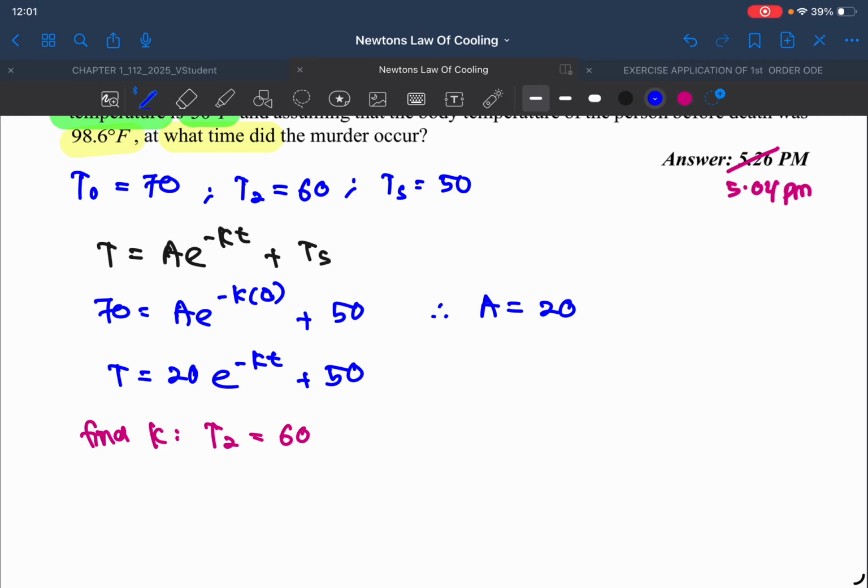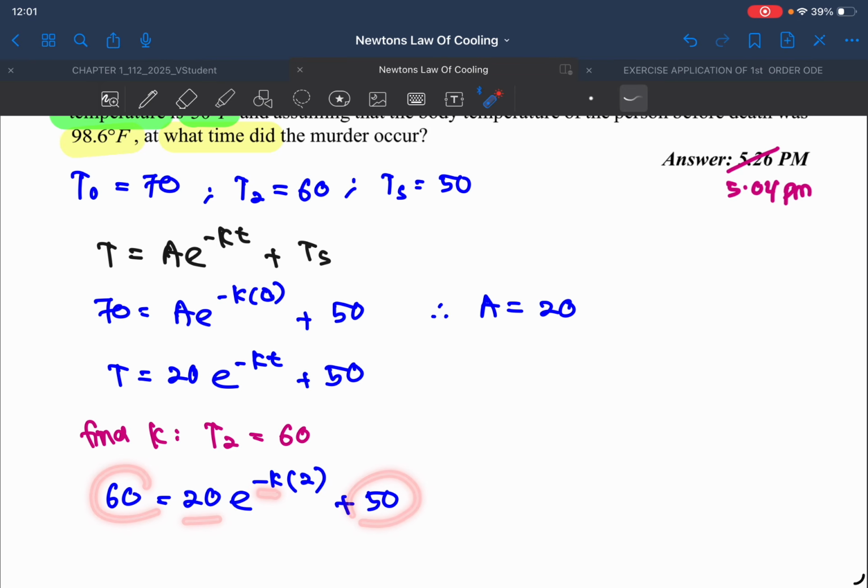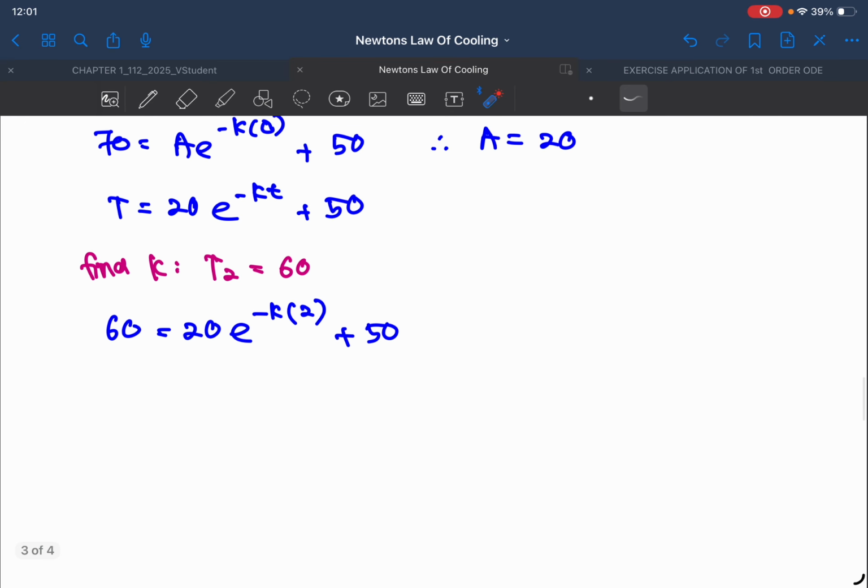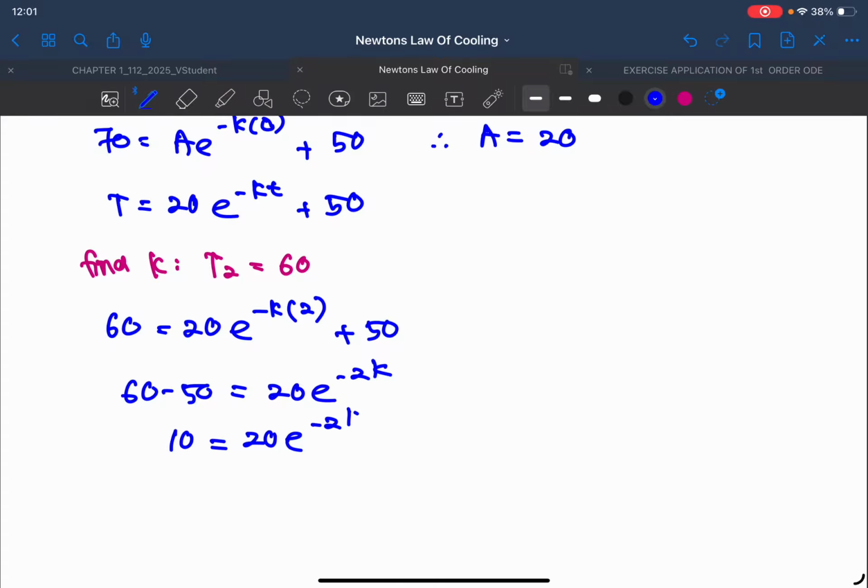Find k by using T2 is equal to 60. So now your temperature is 60: 20 exponent negative k multiply 2 plus 50. We want to know the k here, so you have to simplify all the constants. First, 60 minus 50 is equal to 20e^(-2k). So 10 is equal to 20e^(-2k), and 10 over 20 is e^(-2k).